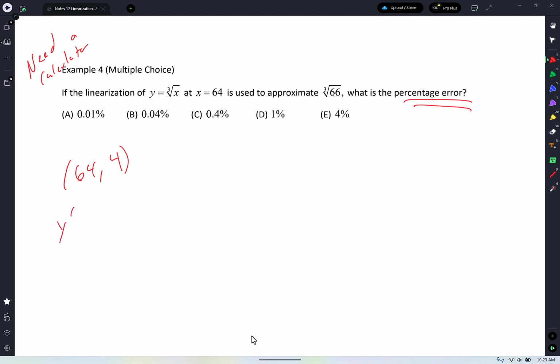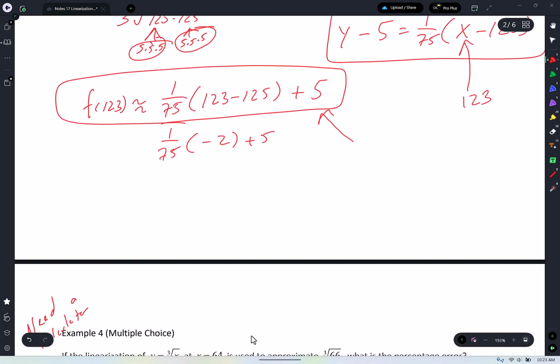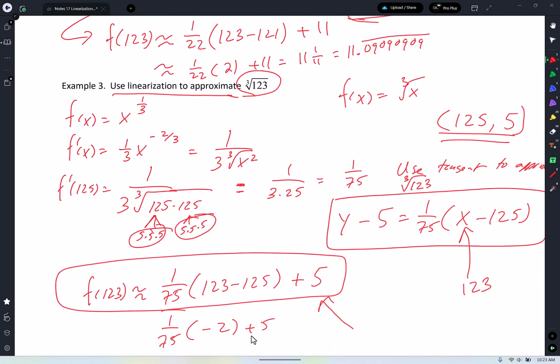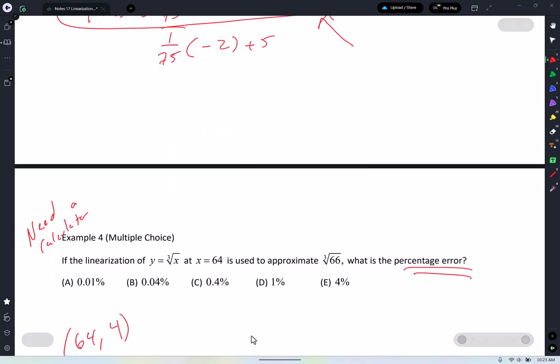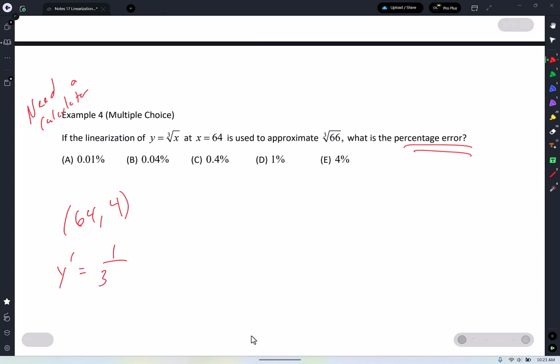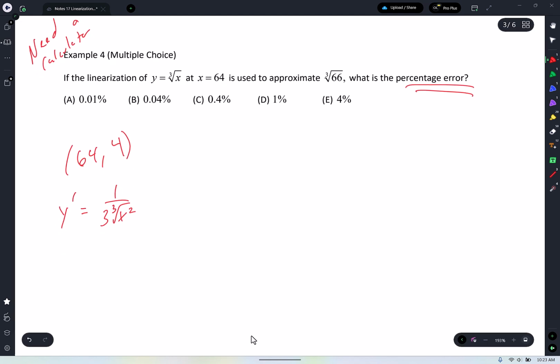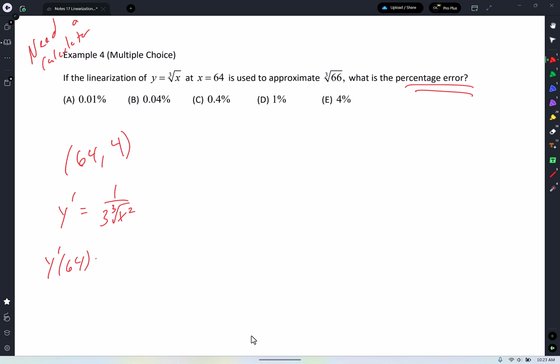We already know that the derivative of this, because we just did it right here, the cube root of that, is 1 over 3 cube root of x squared. How do you know? We just did it a little while ago. y prime evaluated at 64 equals 1 over 3 cube root of 64 times 64.